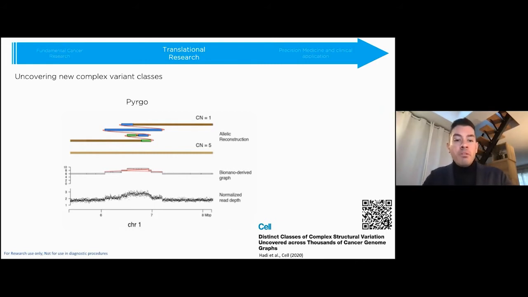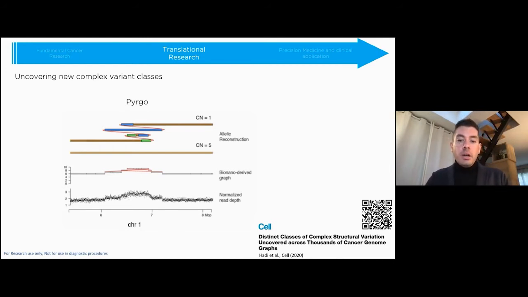Beyond simple variants like deletion, duplication, translocation, inversions, complex structural variation like chromothripsis, chromoplexy, or templated insertion chains, TIC, can cause multiple DNA junctions in distinct topologies. And by sequencing thousands of cancer genomes, new complex SV patterns have been identified, but resolving their exact structure is not always possible from NGS data.